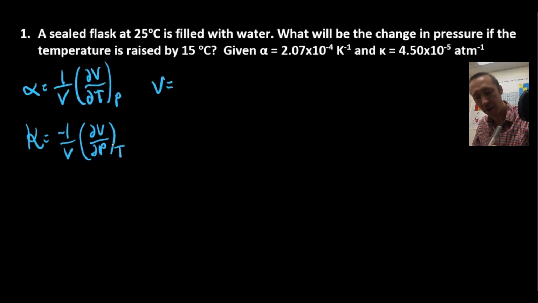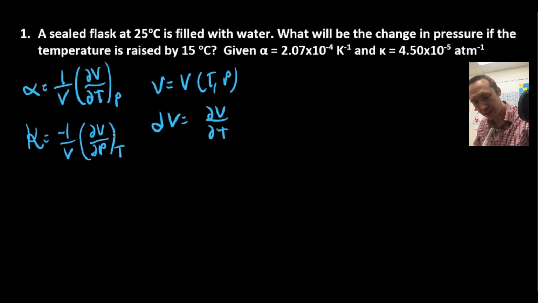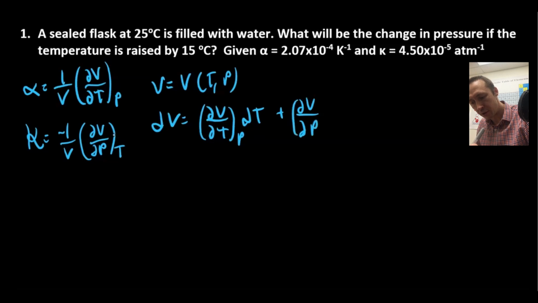We can write volume as a function of temperature and pressure, and volume is a state function, so we can write it as an exact differential. dV equals the change in volume over the change in temperature holding pressure constant, times dT, plus the change in volume over the change in pressure holding temperature constant, times dP.